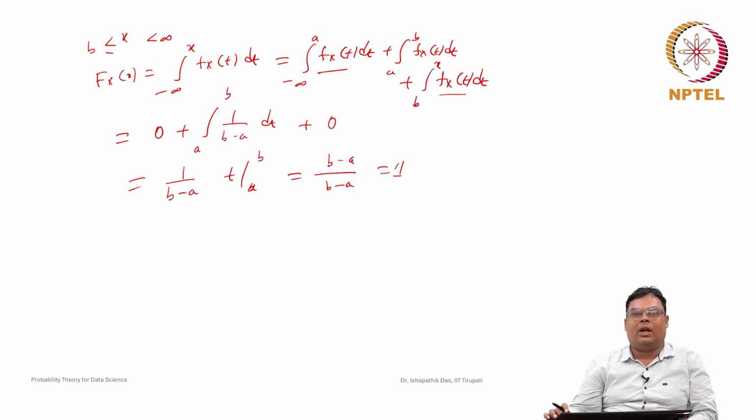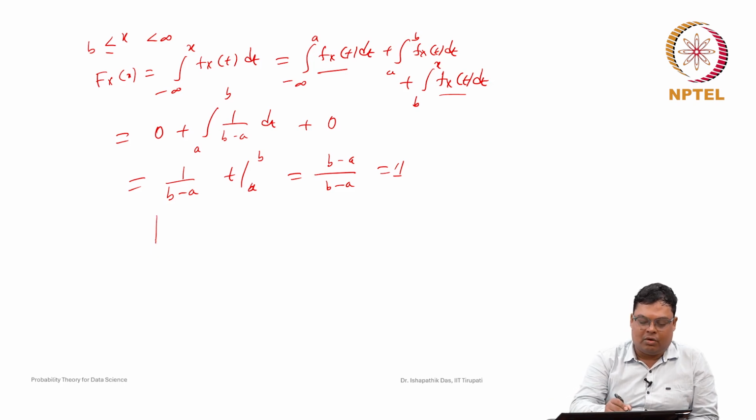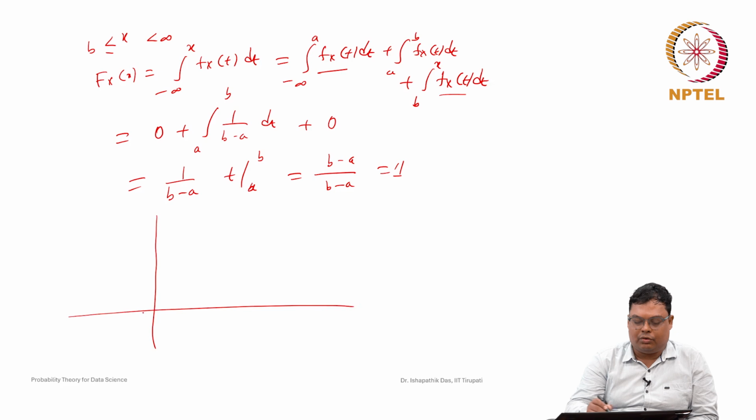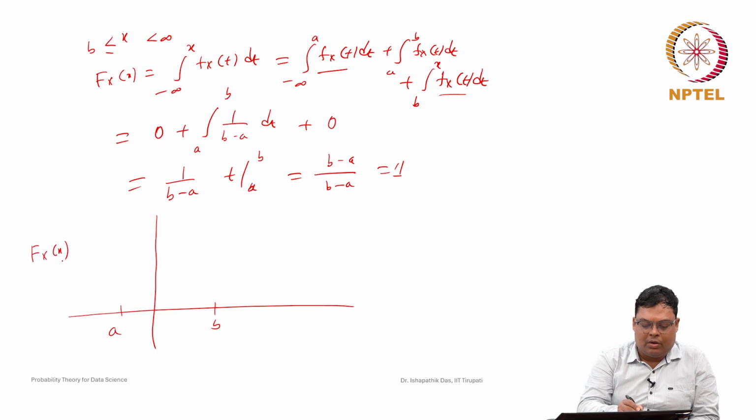Now, if you want to show this graphically, suppose this is a to b, and then the distribution function. From minus infinity to a it is 0, and at b it is 1.